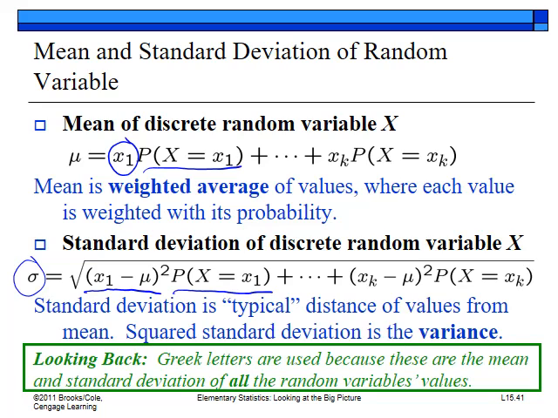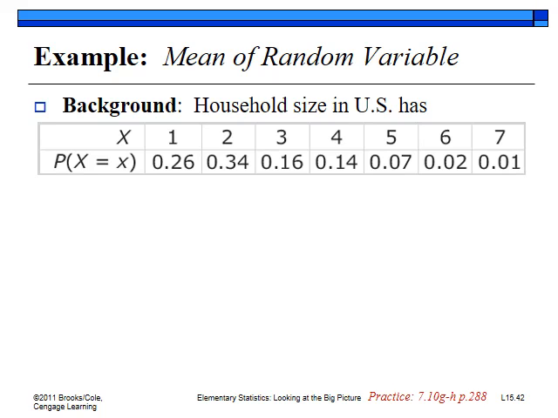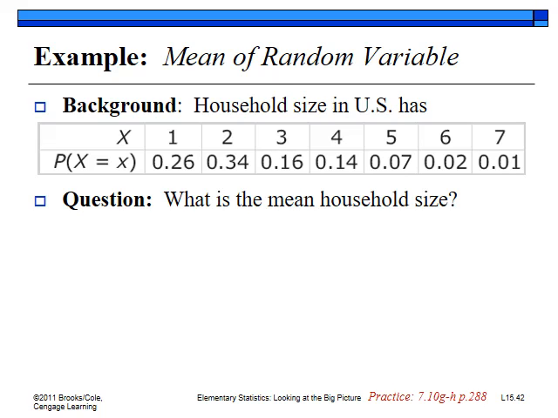We're using Greek letters here, just like we used to use for populations, because we are considering all of the possible values for the random variable. That makes this the analog of a population. Let's look at a quick example, again looking at our census data for household size. What's the mean?